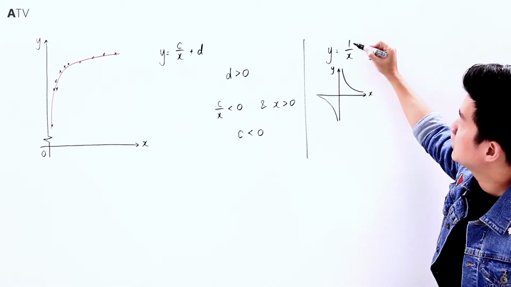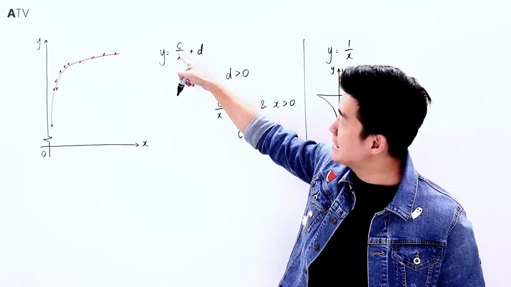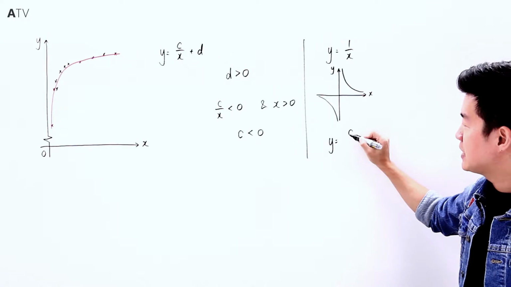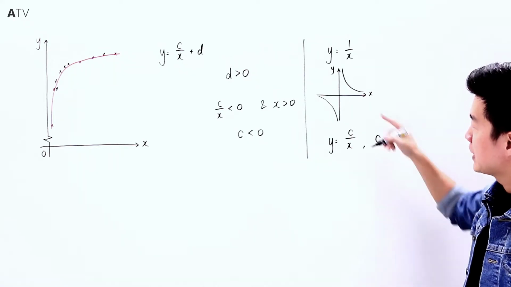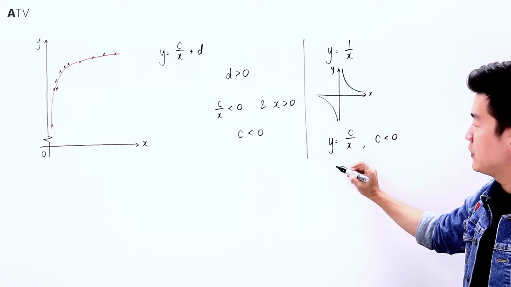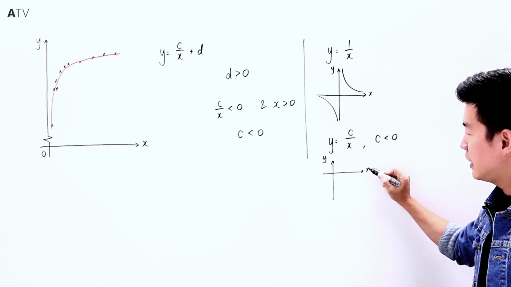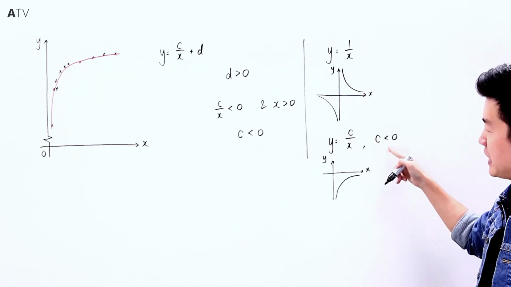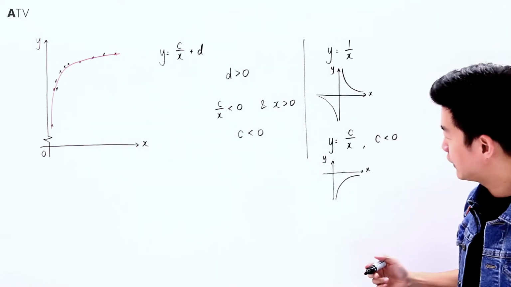So if I multiply this by a negative value, which from here I can see is c, that means I can go for y is equal to c multiplied by 1 over x, and I let c be less than 0. Then the graph for the positive region will become something like this. y here, x here, then it will be this. So c will be negative in order for me to get a shape that is similar to what I have on the scatter diagram.